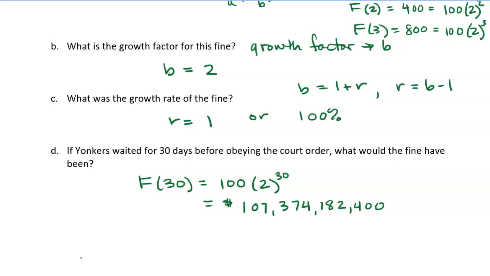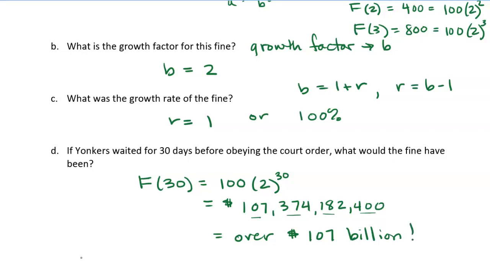What is that number? That is a big number. Okay, so this is the hundreds, thousands, millions, and billions. So what we're talking about here is over 107 billion dollars.